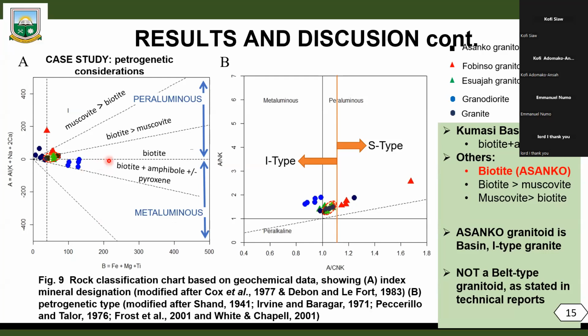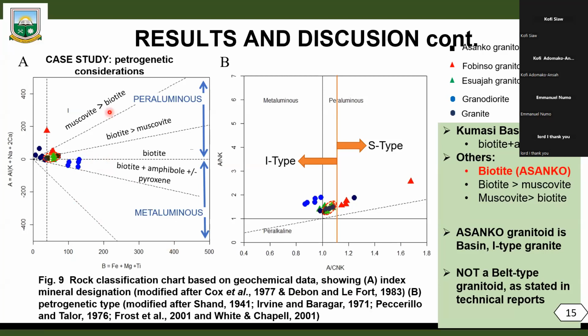So using the rock classification of De La Roche and Lefort 1983, I show you figure A, which is a mineral compositional control plot, where when we plot our data, we are able to see the controls of these major minerals within the granitoid systems.